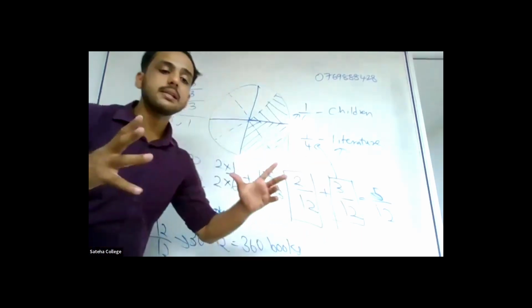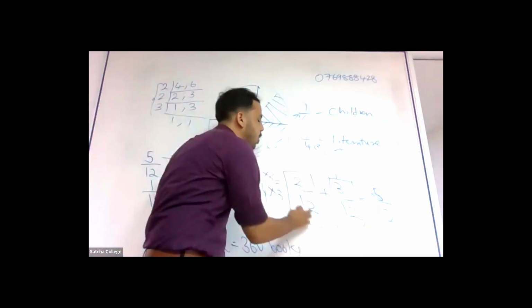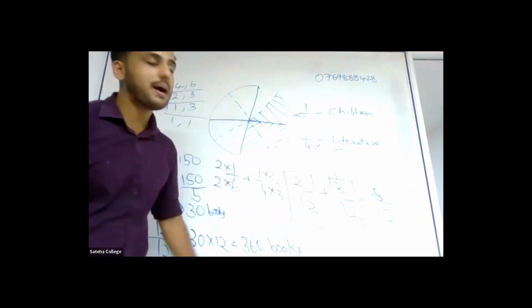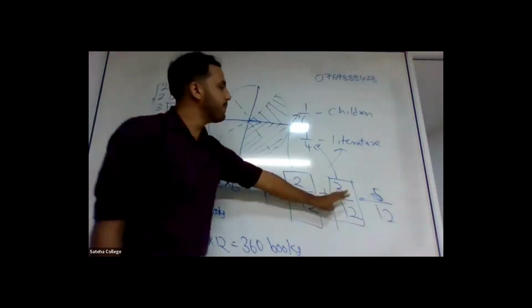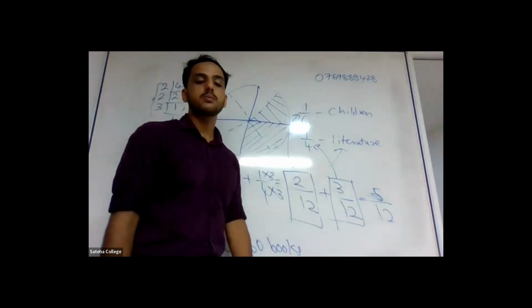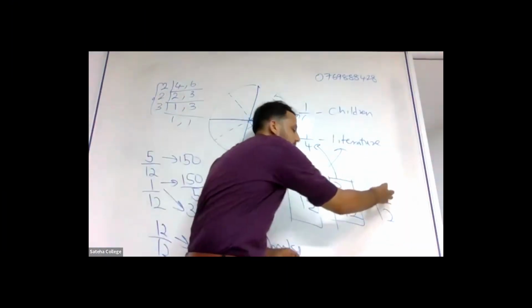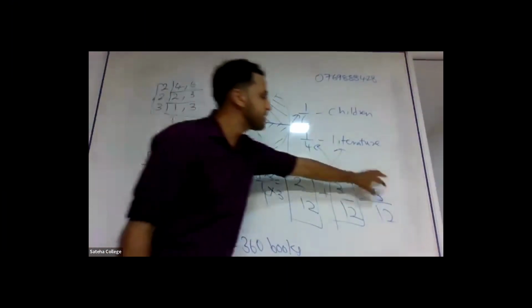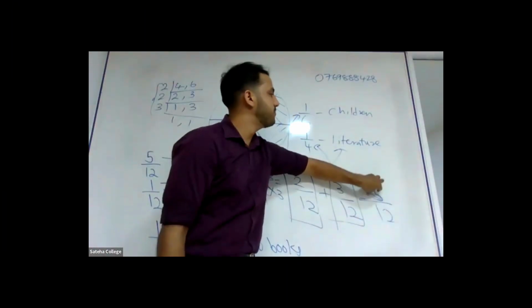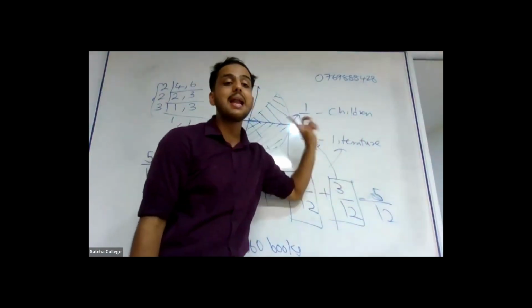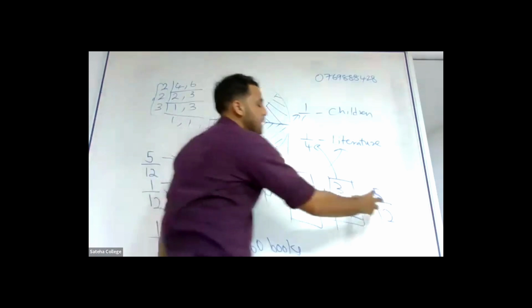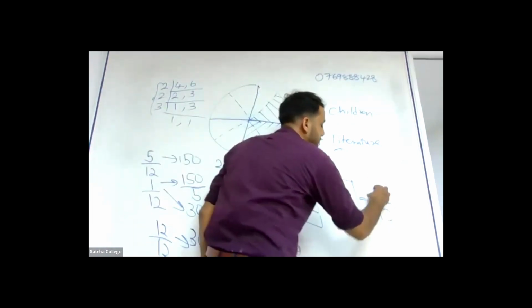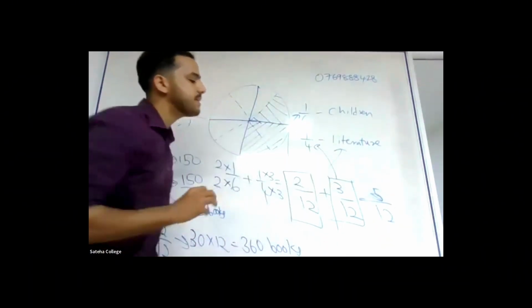Now that means if you divide the total number of books into 12 parts, 2 parts is children books. 3 parts is literature books. Now, if you add both of them, you're getting 5 parts. That means out of 12 parts, 5 parts is children and literature. Is that clear, everyone? So the total books is divided into 12 parts. 5 parts is equal to children and literature.